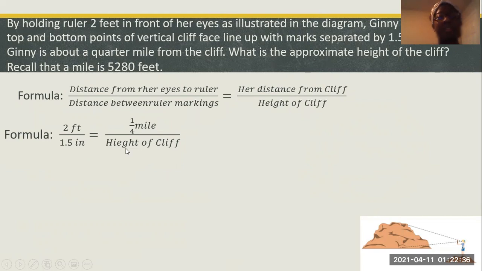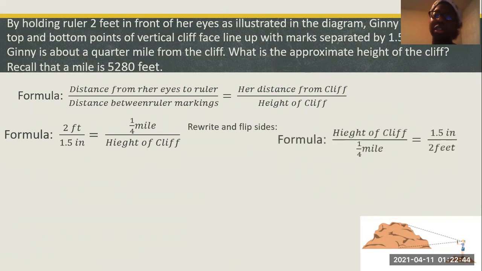So now that we have the formula, we'll have to flip it and rewrite. So now we'll have the height. What we'll do is flip it up and down and then move the sides. So we'll have height of cliff on the left, which we don't know and are trying to find, over the quarter mile, equals 1.5 inches over 2 feet.